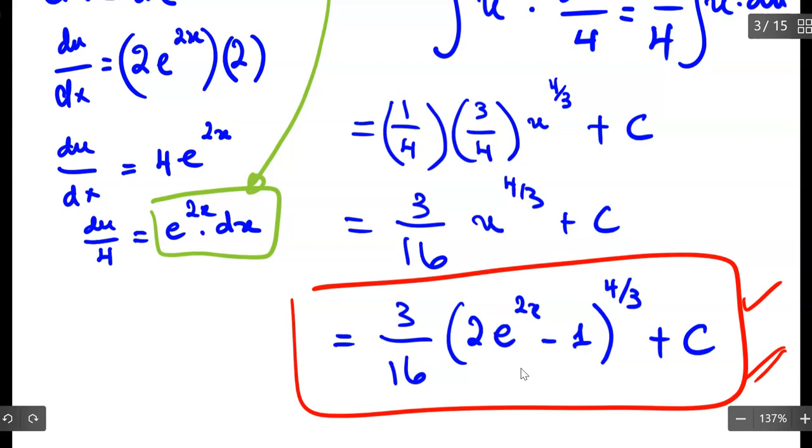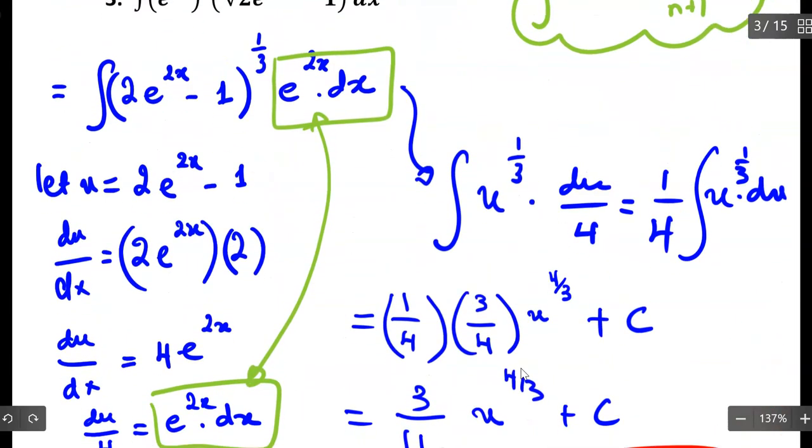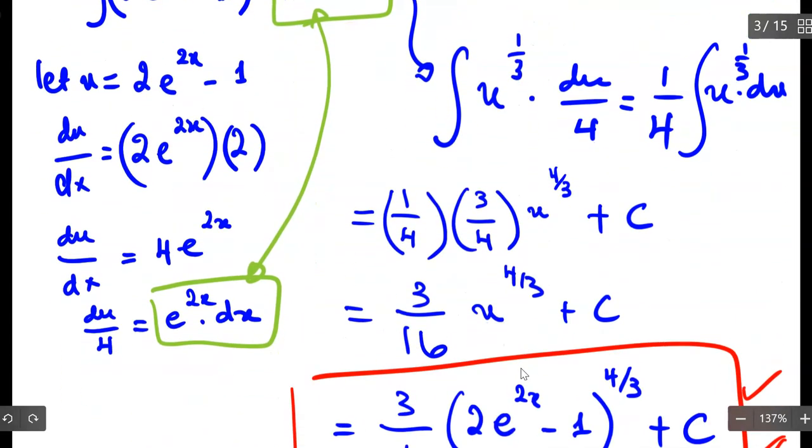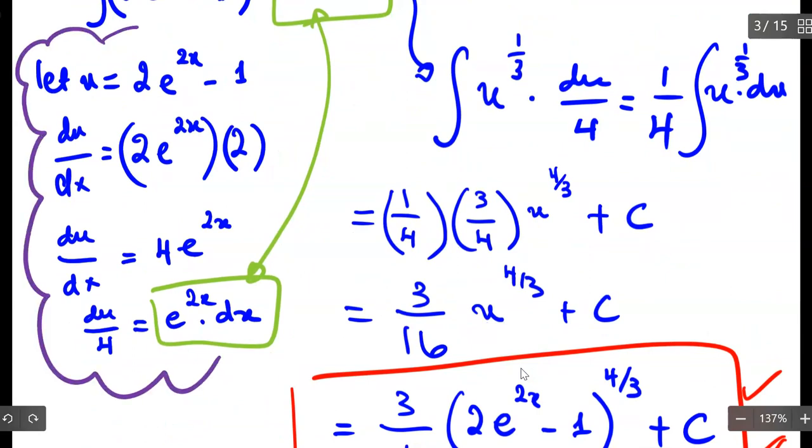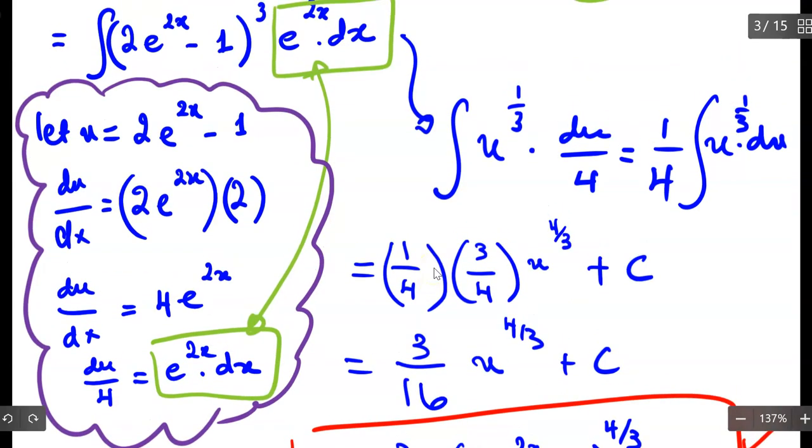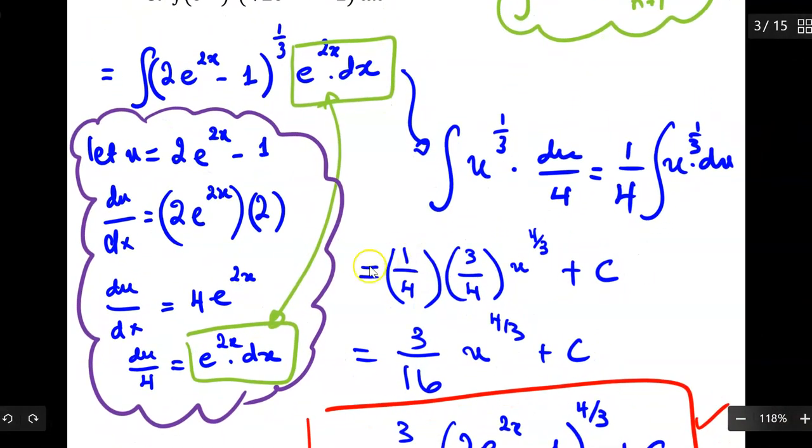Alright, very good. Let me circle this, because this is where we apply our substitution method. The substitution method is to let u equal a function, then differentiate that so you can pull out and match your differential factor. Here I have e raised to exponent 2x times dx.